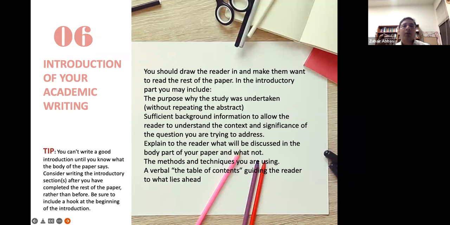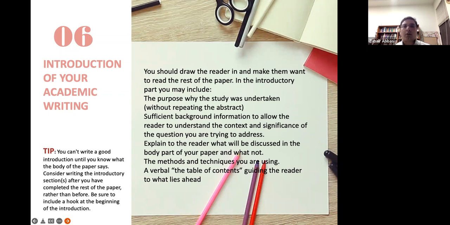Now, introduction of your academic writing is really important. So important is that you must leave it till the end. Normally, you may think that, oh, you would write your introduction in the beginning of your research. Introductions are written at the end of your research. Introduction provides the very gist of your whole research. So what is your topic? What are your findings?